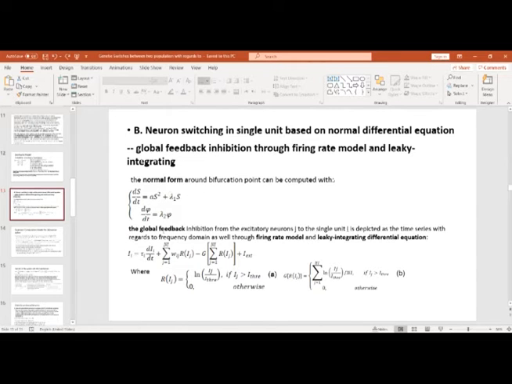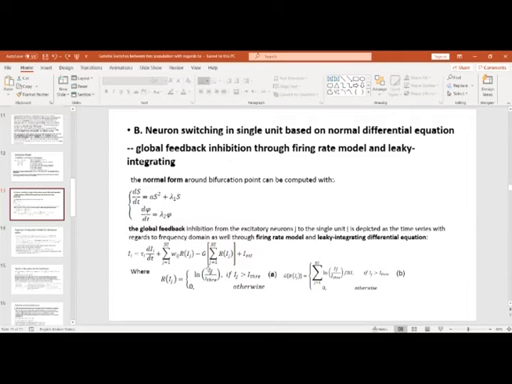For this model, we also try to get the normal form here from the bifurcation point first. And then there is our data, which is based on the inhibitory and excitatory neurons.